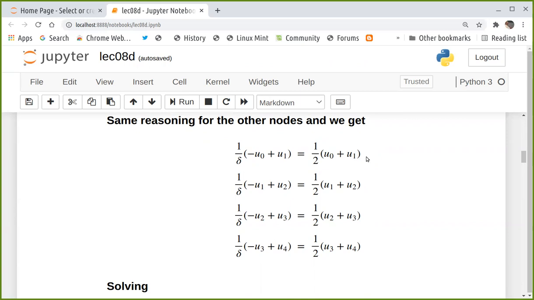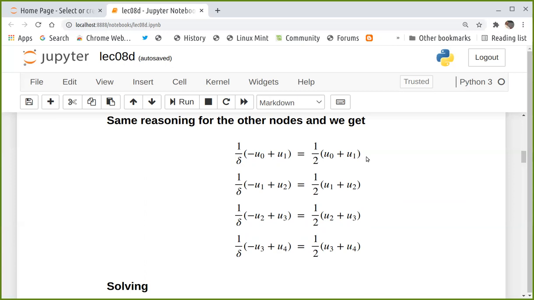So now, if we do the same thing at all the other nodes, using a forward difference estimate, right? We're going to use the same kind of estimate at each node. Then what you get is this, the pattern stays the same, and you get these four equations, all right?